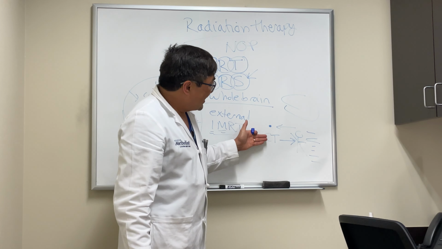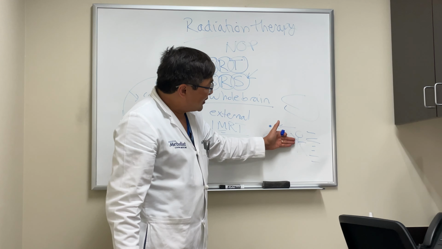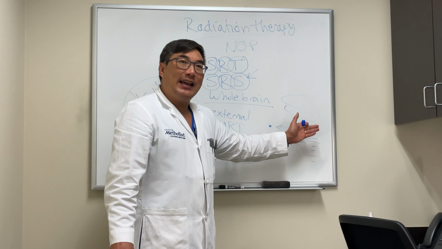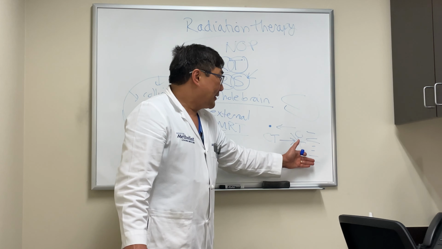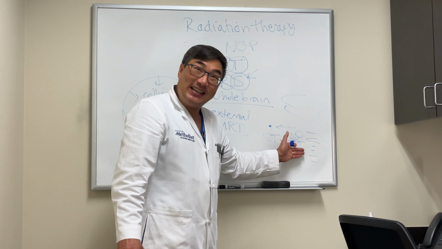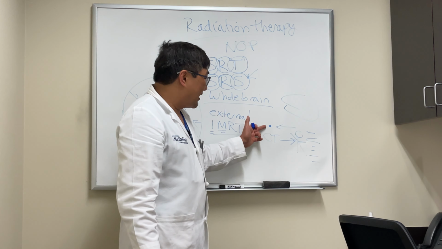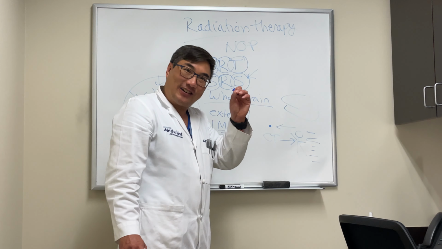So a diagnostic CT is uniform dose in, non-uniform dose out. External beam stereotactic intensity modulated radiation therapy is non-uniform dose in, depending on what we have to hit, to deliver a uniform dose to the target.